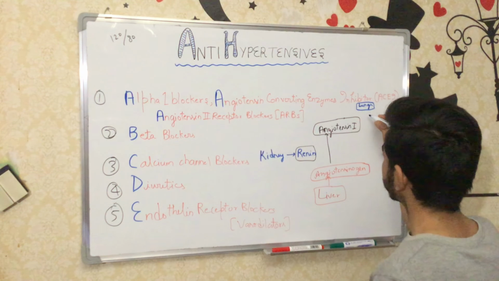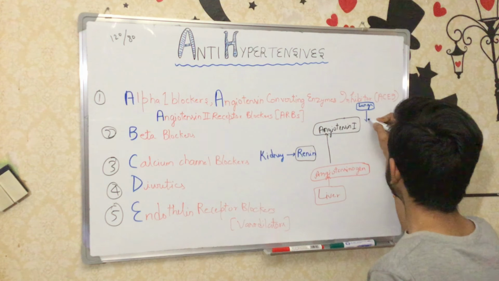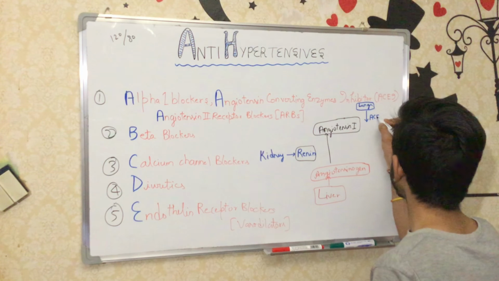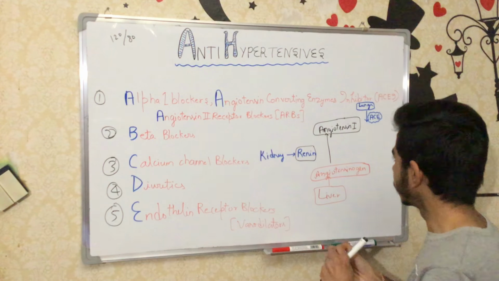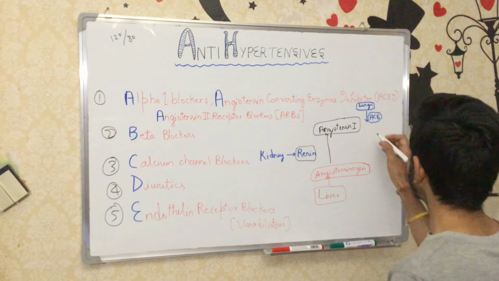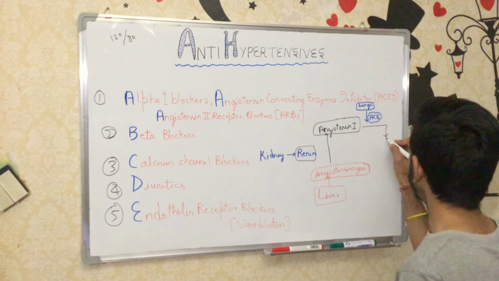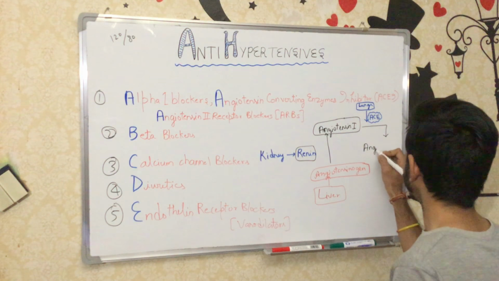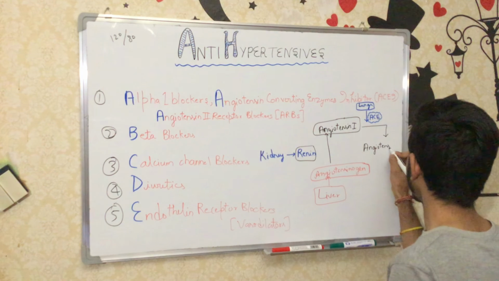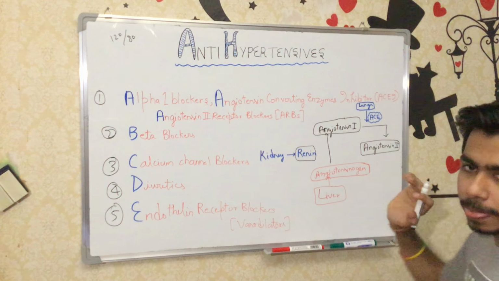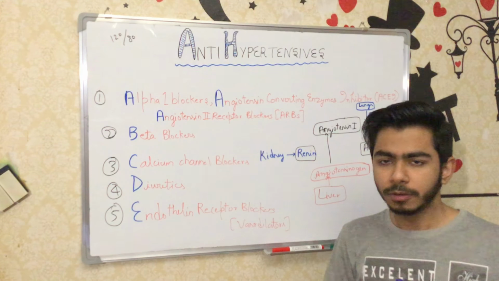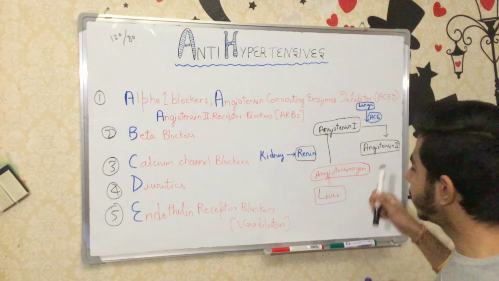They will produce the angiotensin converting enzyme, which helps angiotensin 1 convert into angiotensin 2. And now the angiotensin 2 in our blood will bind to the receptors.